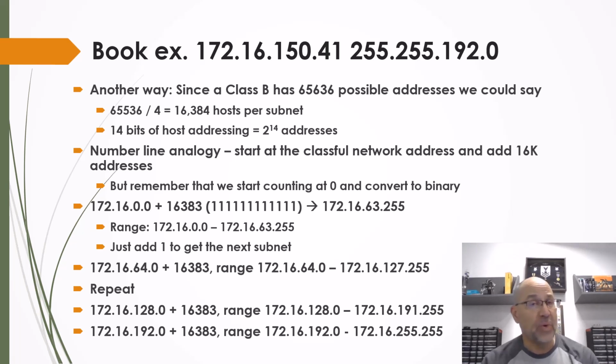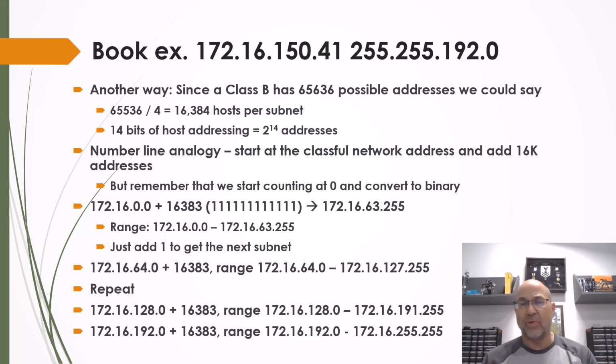Take a wild guess what happens when you go 2 to the 14th. You get 16,384. Now in the book, he also talks about this number line analogy, where if you lined up all of the addresses and in the first subnet, you started counting, and then you went to the next subnet and you just kept counting, and then you went to the next subnet and you just kept counting.